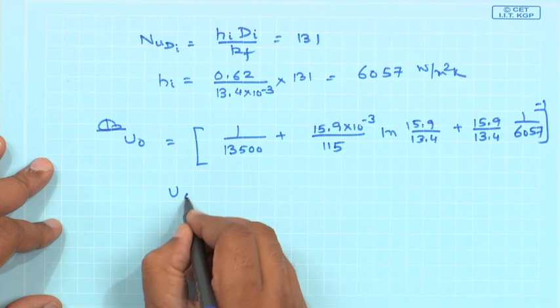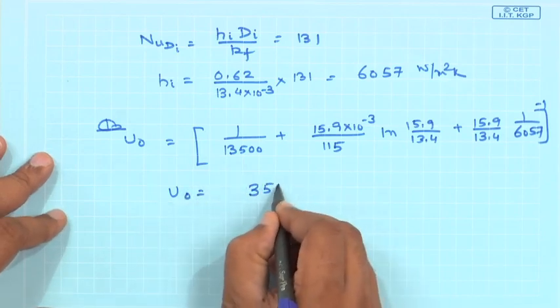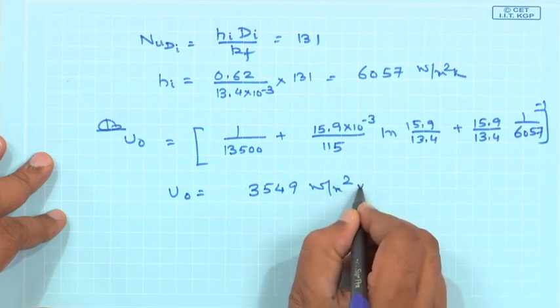So, the overall heat transfer coefficient would turn out to be 3549 watt per meter square Kelvin.